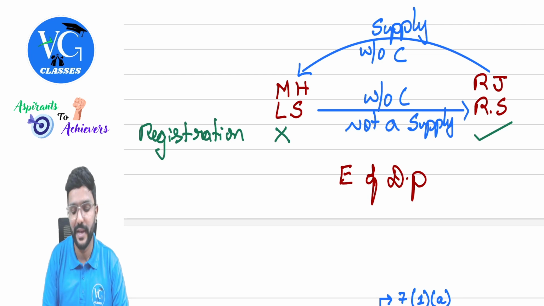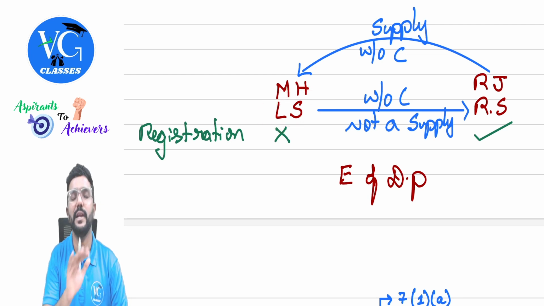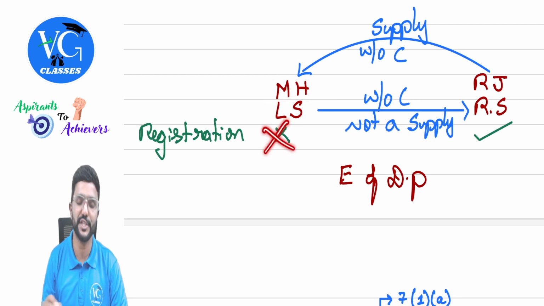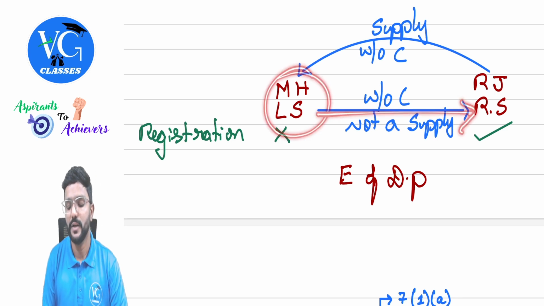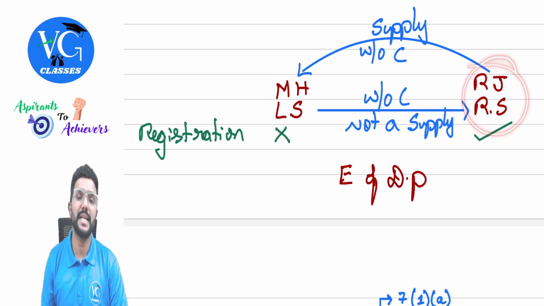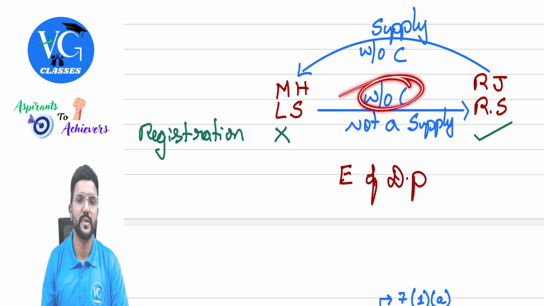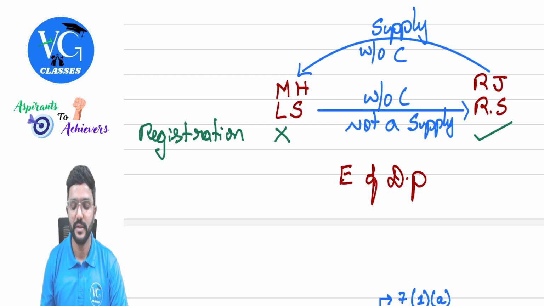But as per my example, I am supplying only liquor in Maharashtra, so no registration is required. Now assume from my Maharashtra liquor shop, I supplied some liquor to my Rajasthan branch without consideration. It is not a supply, guys.